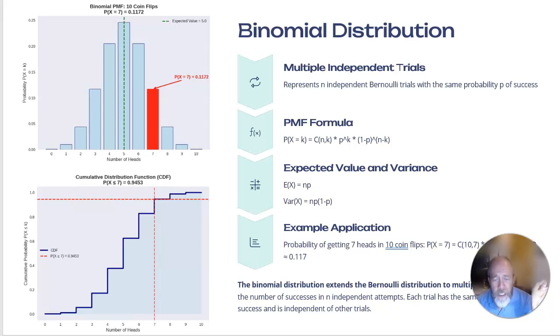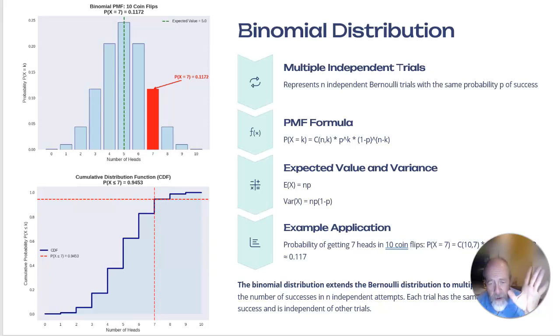But the binomial distribution is looking at multiple independent trials. What does that actually mean? Well, if I roll a dice over and over and over again and I want to know how many times a number comes up, or if I flip a coin and I want to be able to predict how many times heads comes up, if I want to predict specific successes of different things, I can use the binomial distribution to do that.